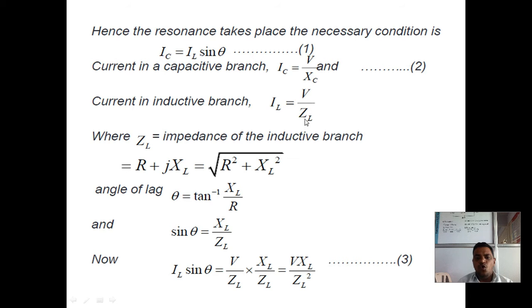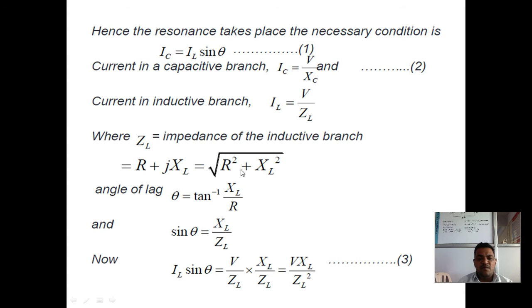Z of L is the load impedance, means the impedance of the inductive branch, which is given by r plus j xl. Taking the magnitude, it is the square root of r square plus xl square, since j is the square root of minus 1 and j square is minus 1.